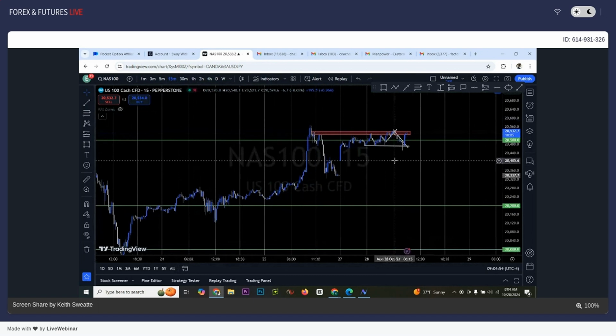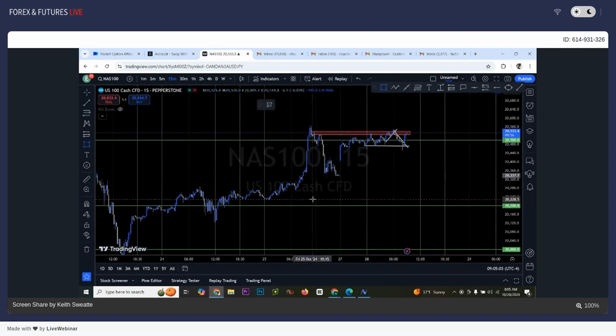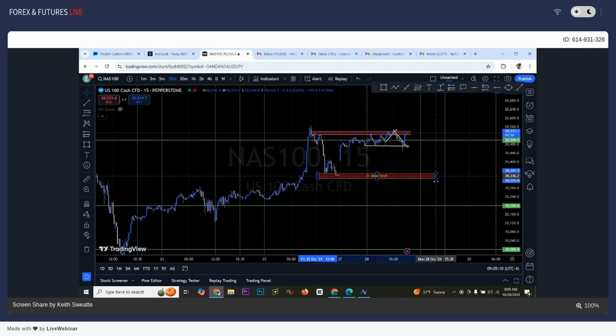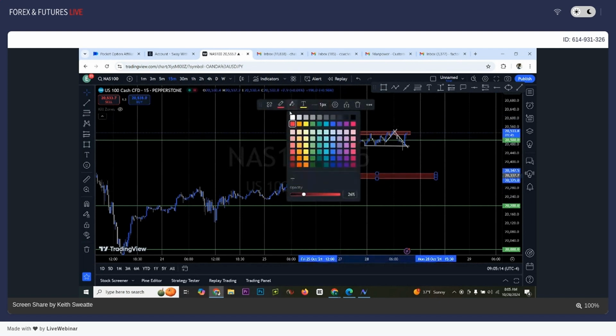wait for a price breakout, and if price breaks below this support level, of course we come to fill this gap. This here, support, right? Support level, which we look to buy from support.